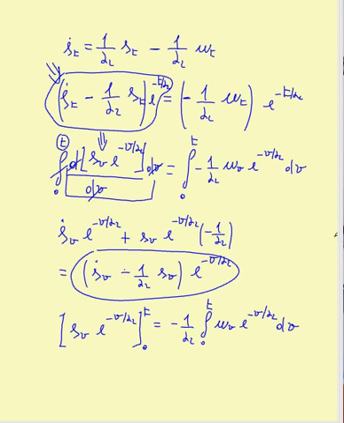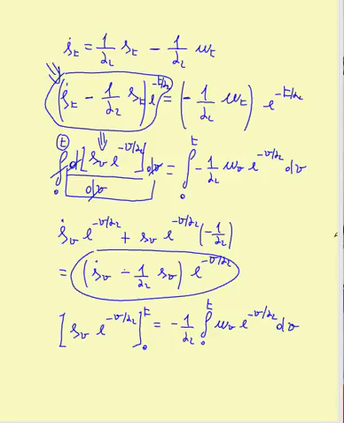The first side of this part is the value of this function on t, minus the value of the function on 0.